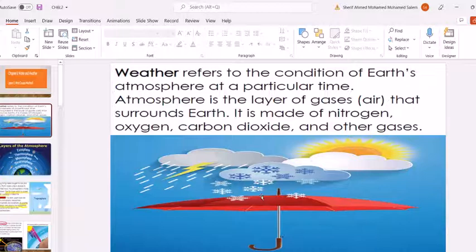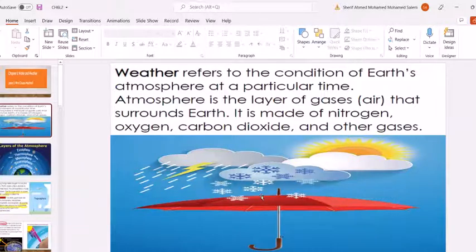Because the weather changes from day to day, from season to season, from place to place. It may even change from hour to hour, like every hour it may increase or decrease. It differs if you are in the North Pole or South Pole, or near the equator.